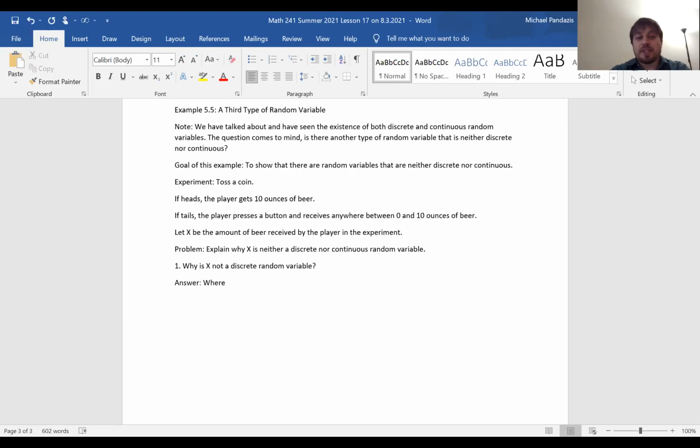Hint one: what is the set of possible values of capital X? X is the amount of beer received by the player. If you flip heads, X is 10. If you flip tails, what is X? So what is the set of possible values of X, and what does that tell you about a random variable?